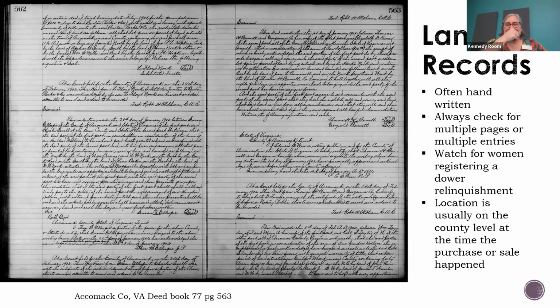And in the United States, land records and probate estate records are going to be filed in the location where the land or the property is, where the person was living. Sometimes you see them registered in both the current location, where the property is, and if the person has moved out of state or some of the heirs are out of state, it may also be registered in their locality.